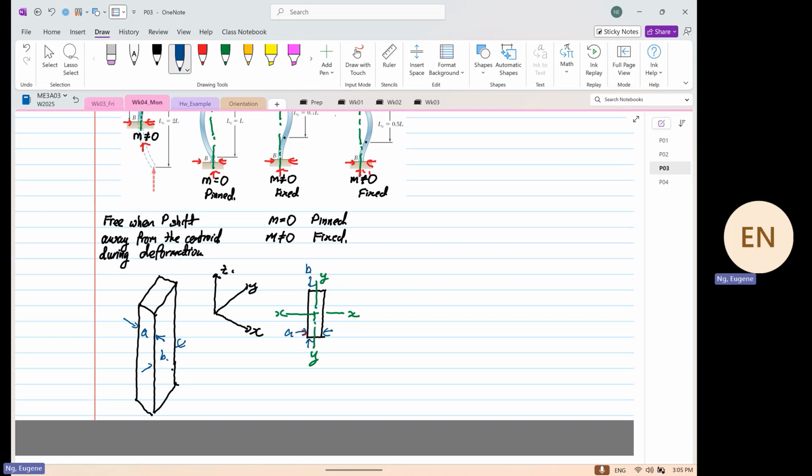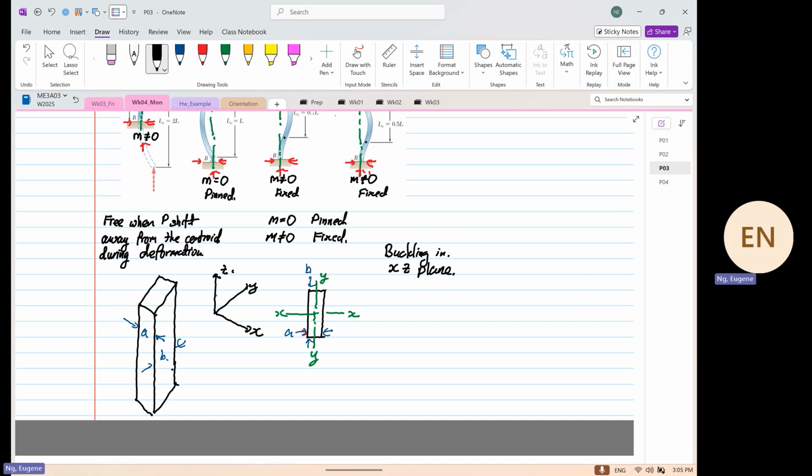Is your B. So the next thing that we are going to write down: buckling in the XZ plane.